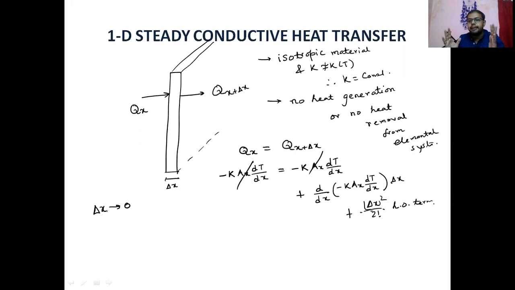You convert this element into a point. In such a case, you will get a very important equation: d/dx of minus k Ax dT/dx is equal to 0.